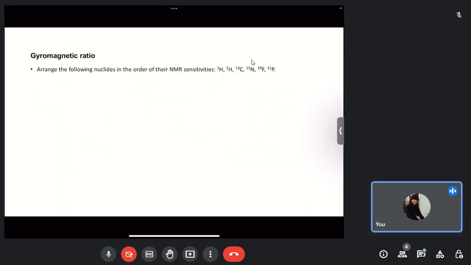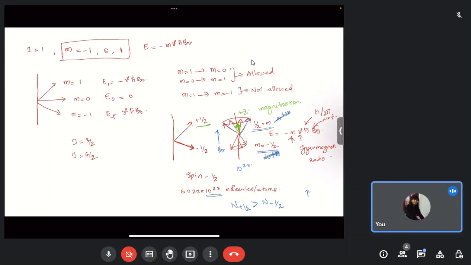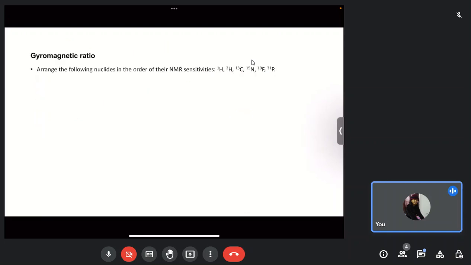Okay, so let me go over a little bit more about the gyromagnetic ratio. The gyromagnetic ratio is a property of a particular nuclide. Here we have been given a set of commonly used NMR nuclides, and we have been asked to differentiate them based on sensitivity.